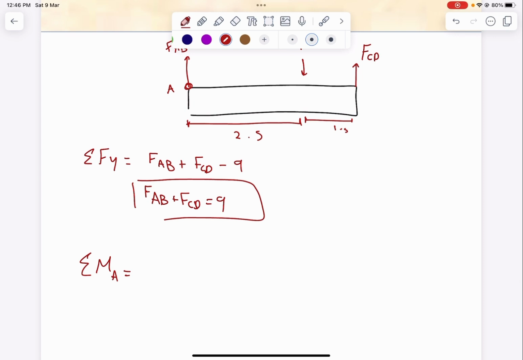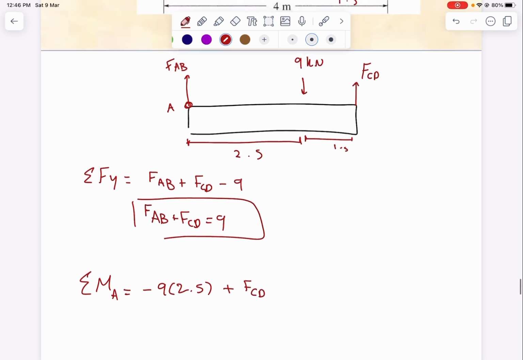So it's going to be minus 9 plus FCD times 4.